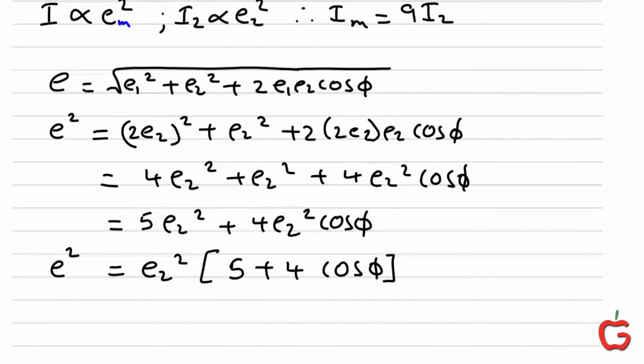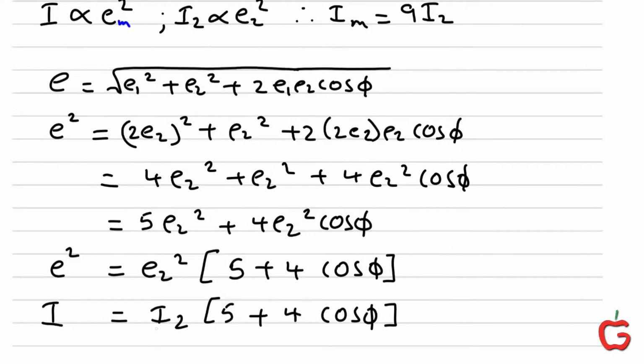Again, we can use the fact that intensity is proportional to the square of amplitudes. So net intensity at any general point is I2 times 5 plus 4 cos phi. Now instead of I2 we can write I maximum over 9.